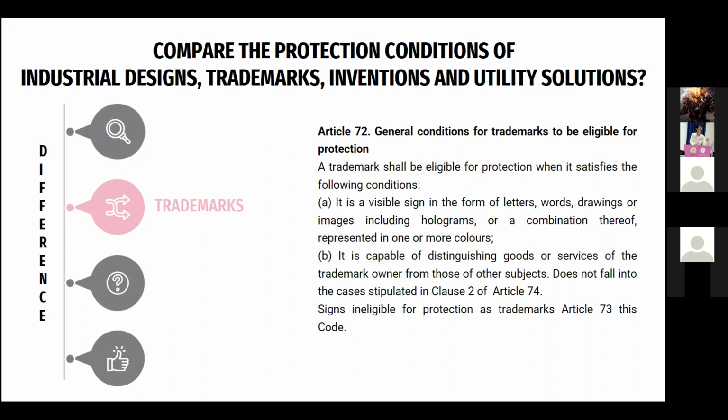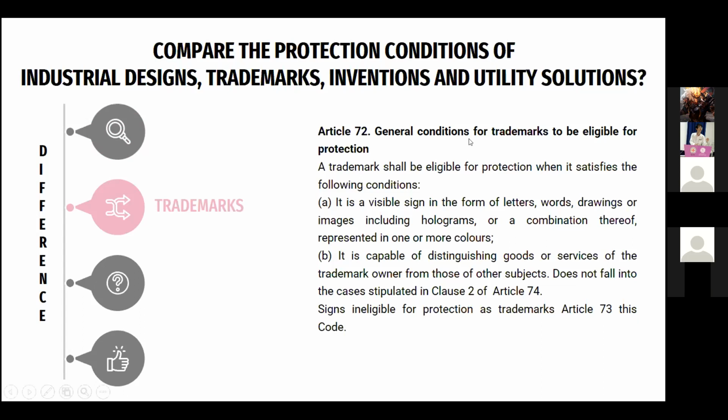A, it is a visible sign in the form of letters, words, drawings, or images, including three-dimensional figures, or a combination thereof, represented in one or more colors. B, it is capable of distinguishing the goods or services of the trademark owner from those of others, and does not fall into the cases listed in Article 16.4 that are ineligible for protection as a trademark.